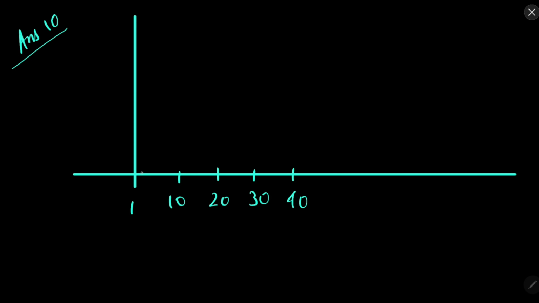Obviously there are 2-3 particles at every location, but for the sake of convenience we are only taking 1, 10, 20, but the particles are at 1, 2, 3, 4, 5, 6, 7, 8 up to 100.